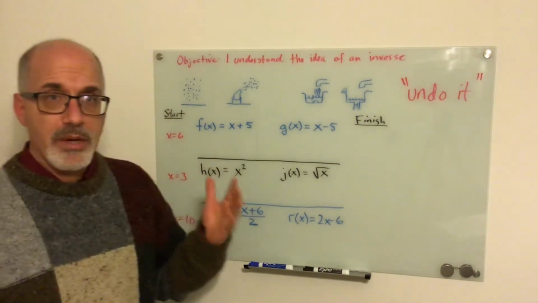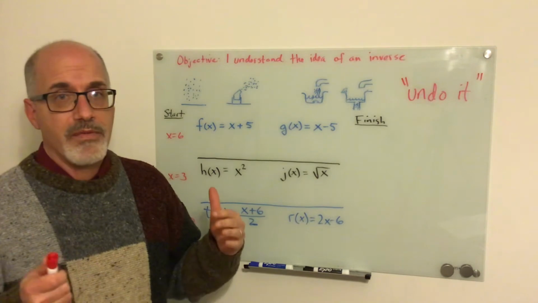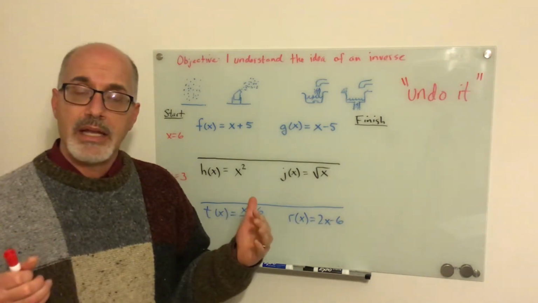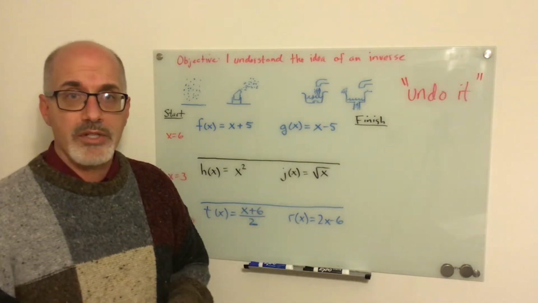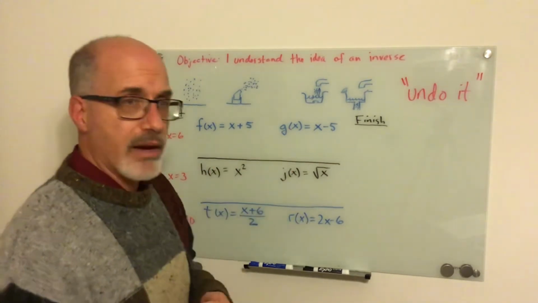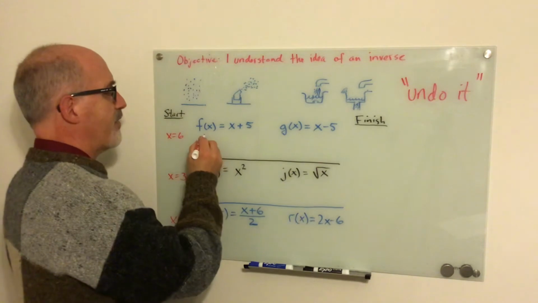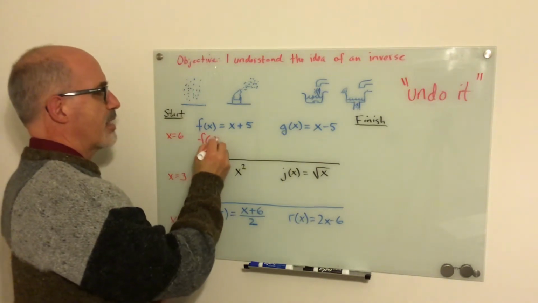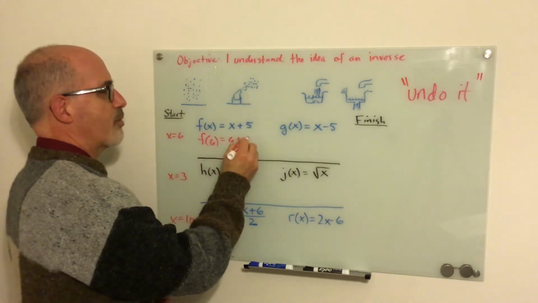We can do that with numbers also. Some are fairly typical operations that we understand will undo each other. For instance, if I add 5 and then subtract 5. If I take f of 6, that's 6 plus 5, which equals 11.